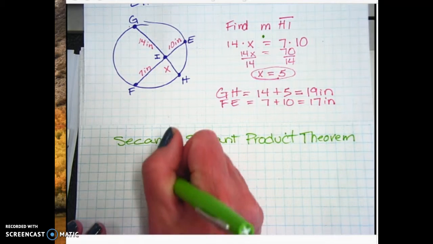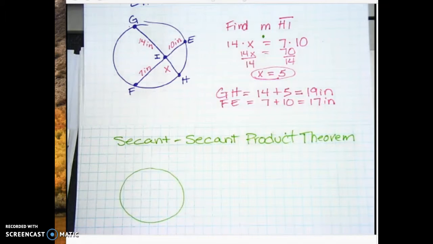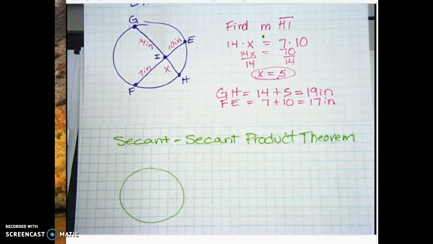So if you start with a circle, which is what you're always going to start with in this chapter, here's what the secant product theorem says. It says, if two secants intersect in the exterior of a circle, then the product of the lengths of one secant segment and its external segment equals the product of the length of the other secant segment and its external segment.